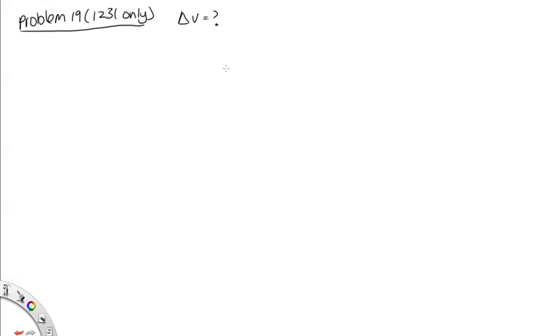Problem 19, which is for 1231 students only. In this problem, we're asked for what value of the bias voltage, delta V, in the ideal diode equation, I equals I naught times the exponential of E delta V over KB T minus 1 does, in the first case, I equal 9 I naught.